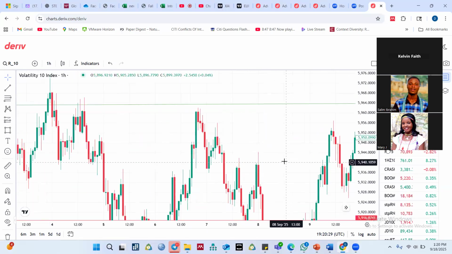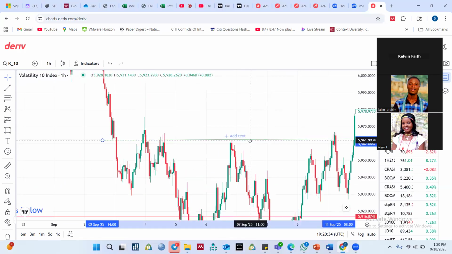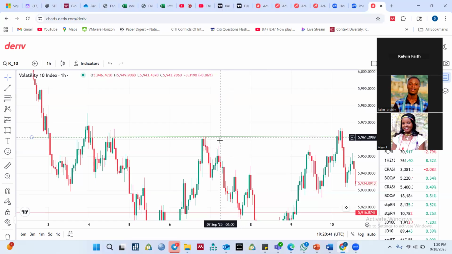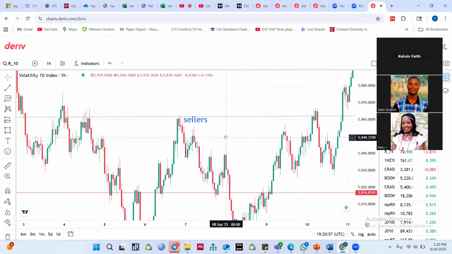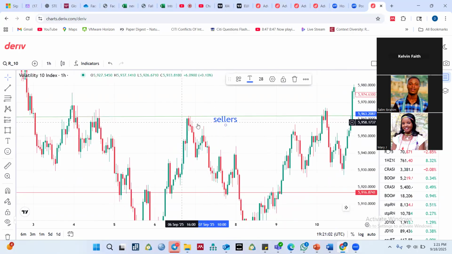So that is a sign that below this line here, if I want, I'll bring it down a little bit to be accurate, it's a sign that below this line, sellers are in control. Sellers are in control. Are you getting me? Yes, sir. Good. Sellers are in control below this line.